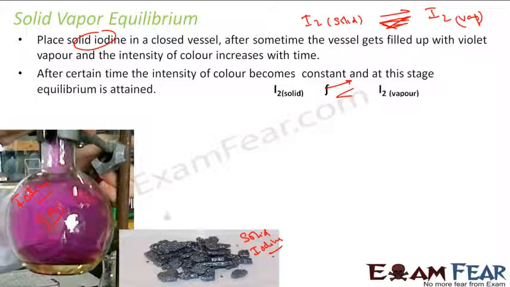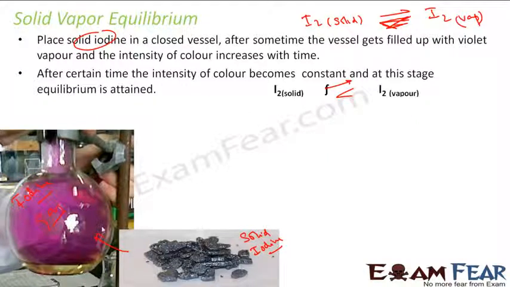So what you do is take an empty flask, without any pink-colored iodine, with just normal air, and you put in the solid iodine and close the lid. After some time, you see that this solid iodine will convert into gas, and the intensity of the pink color will start increasing.